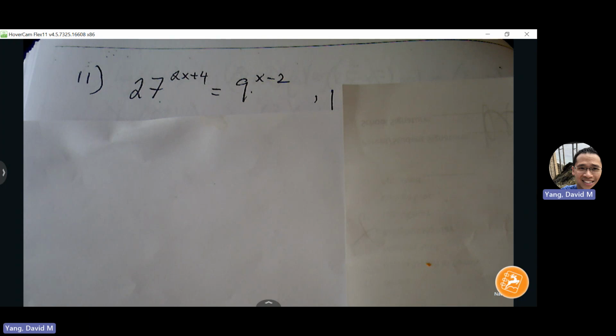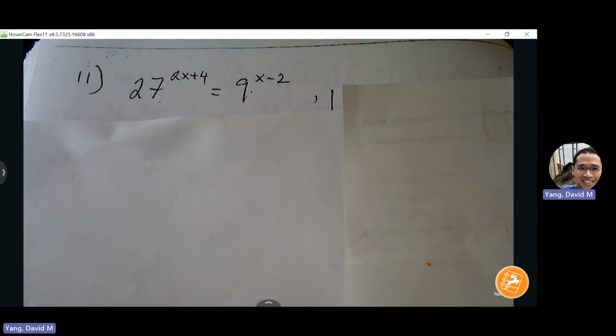Okay, everybody good with 10? Now 11, we could take the log of both sides, but I think there's going to be a nice relationship here between 27 and 9. We should be able to bring them back down to share the same base, right? What base can we? Yeah, so we can have them both share base 3.